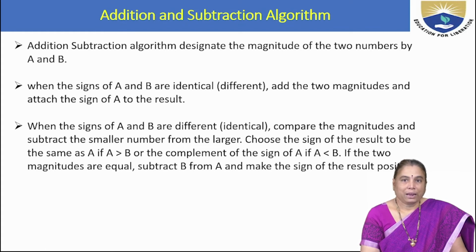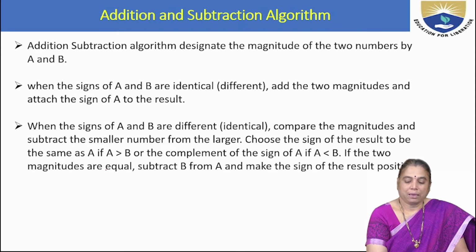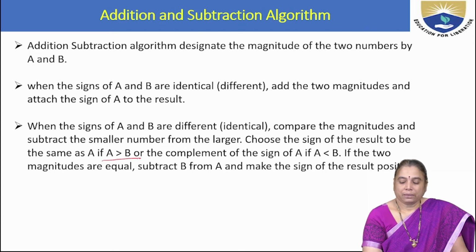When the signs of A and B are different, compare the magnitudes and subtract the smaller number from the larger number. Choose the sign of the result to be the same as A if A is greater than B, or the complement of the sign of A if A is less than B. If the two magnitudes are equal, subtract B from A and make the sign of the result positive.